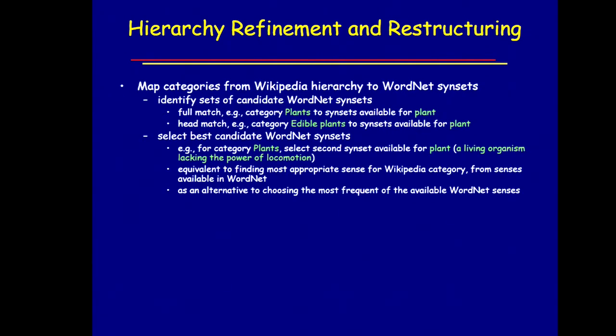The way they go is that they pick candidate synsets first for a given Wikipedia category. Say for plants, they look for synsets that contain the phrase plant, of which there are probably several. There is the plant, the organism, and then there's probably the factory kind of synset. And then out of these candidates, they select the best one somehow.